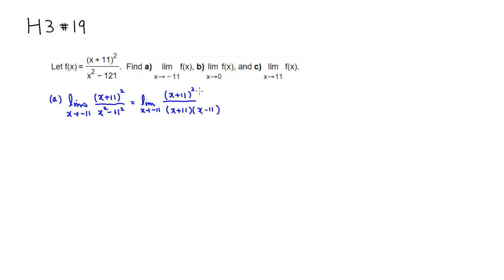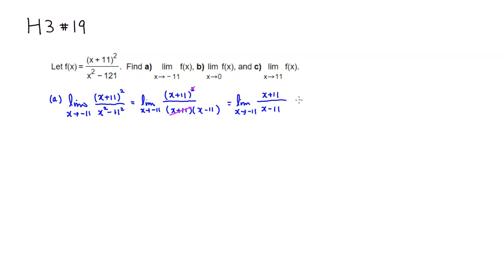So we can simplify this. We have x plus 11, and you have two of those, so I'm going to cancel out one of them. So we have the limit as x approaches negative 11 of x plus 11 over x minus 11.